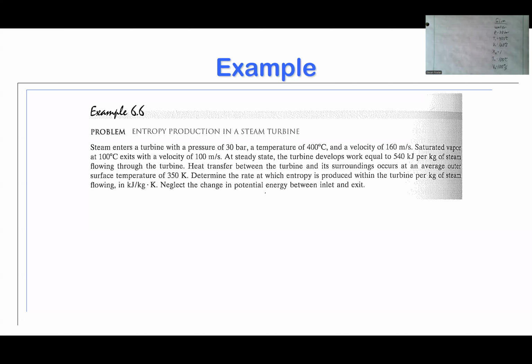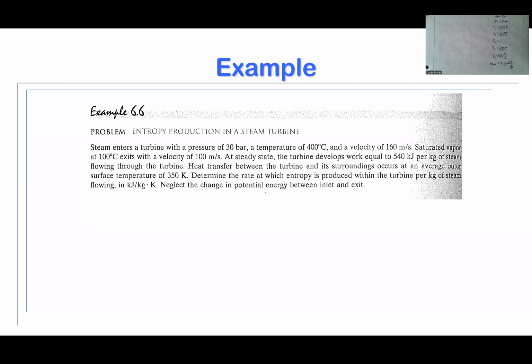But they're saying at steady state, the turbine develops work equal to 540 kilojoules per kilogram of steam. So this is lowercase w out, right? Lowercase w out, that is work per unit mass. That's 540 kilojoules for every kilogram of steam.